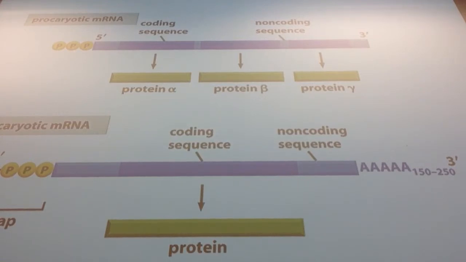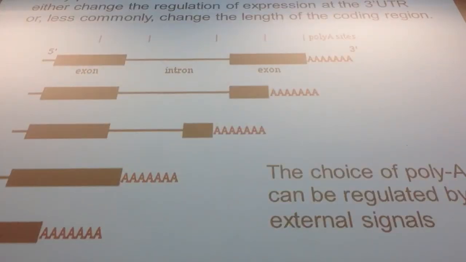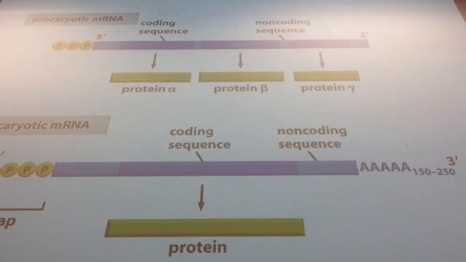So that's capping. Okay? Let me see if there's a better picture. No, that's all that you get. We took a bunch of pictures out just to make things simple.